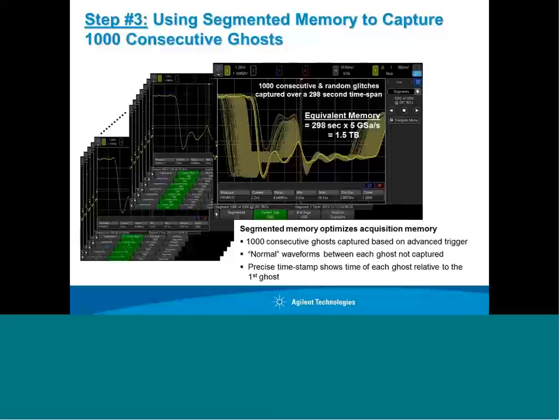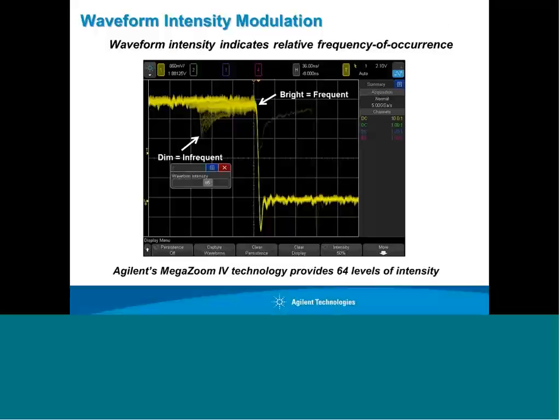Now, we didn't capture anything in between. We just captured the problem signal. The equivalent memory, if I was to use continuous acquisition, if I didn't have segmented memory, in this case would be 1.5 terabytes of memory. Again, this is way beyond the capability of any scope on the market today, but it can be done using segmented memory.